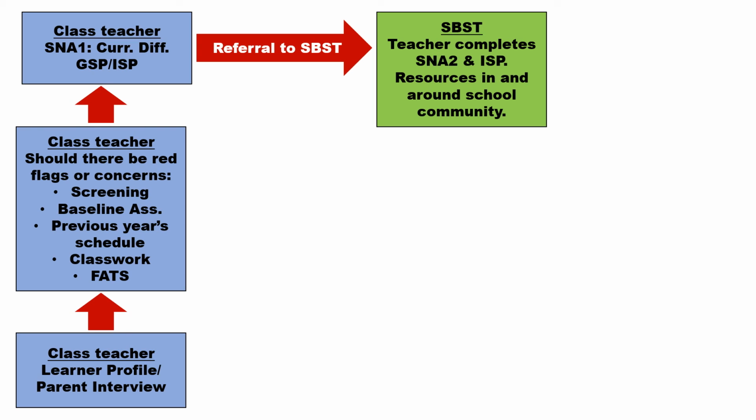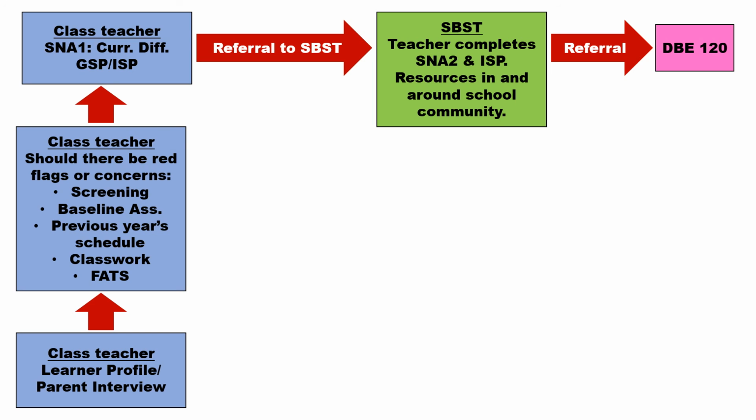And the SBST should also look at resources in and around the community or the school community to see if there's any extra help that can be utilized in order to assist the learner. They make suggestions, and these suggestions are then implemented in class.